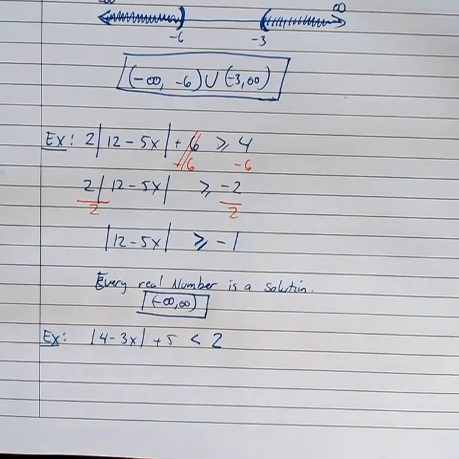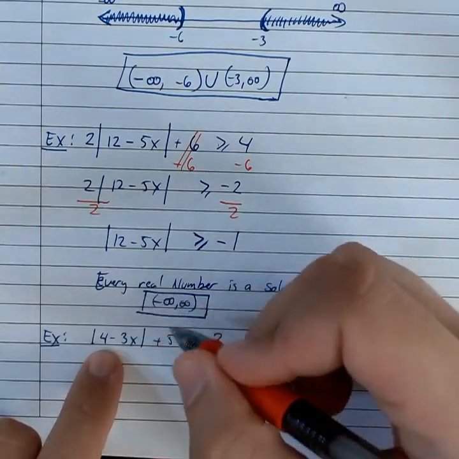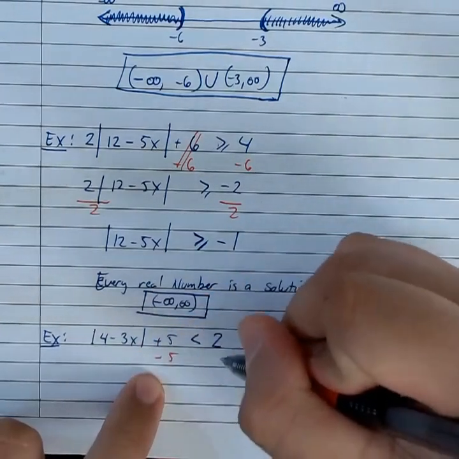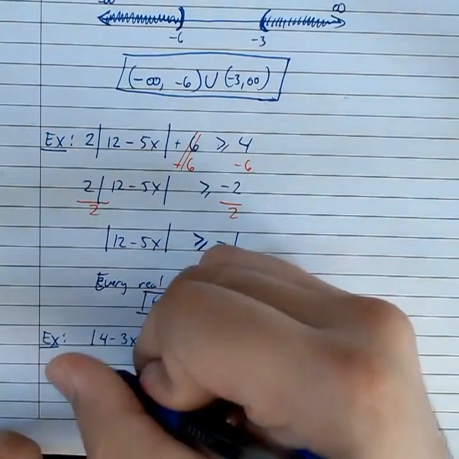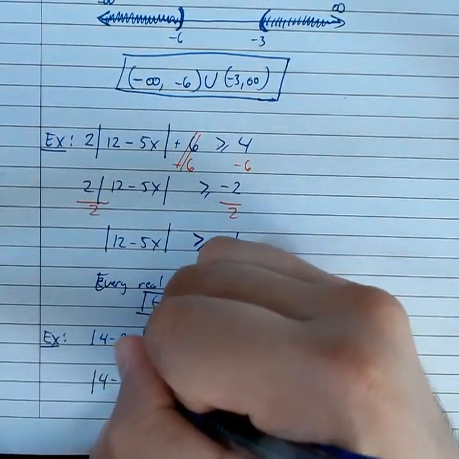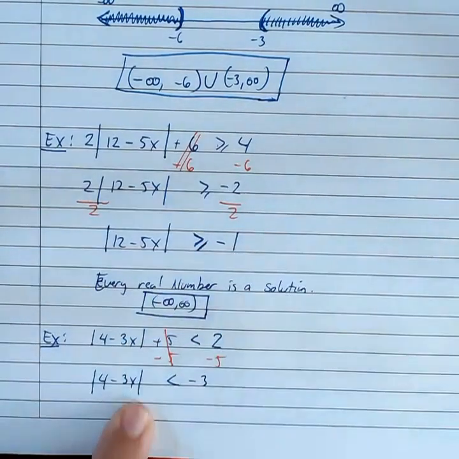All right, same thing. At first, it doesn't really look any different than any other inequality, but when you isolate the absolute value, that's when you notice a difference. If we subtract 5 from both sides, that goes away. And I'm left with the absolute value of 4 minus 3x is less than -3.